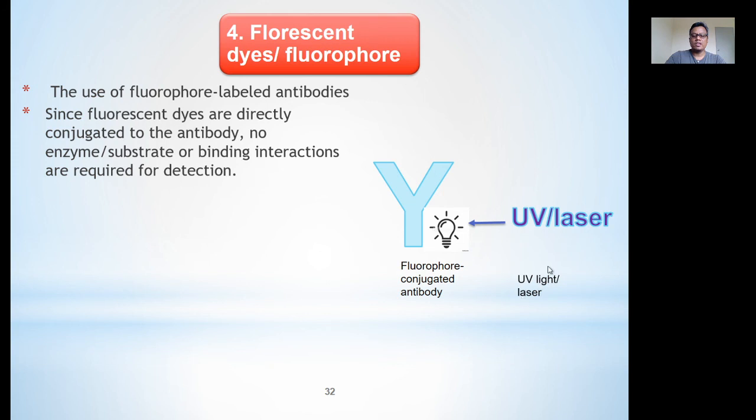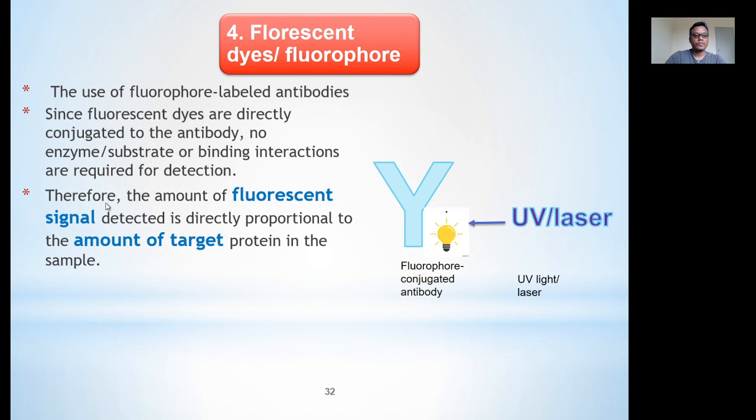Once a UV light or specific laser is transmitted, the fluorophore will absorb a certain wavelength from the UV or the laser, and then emit a different kind of light with a different wavelength. So this light produced from the fluorophore will be analyzed.